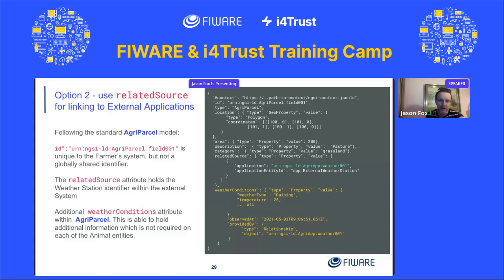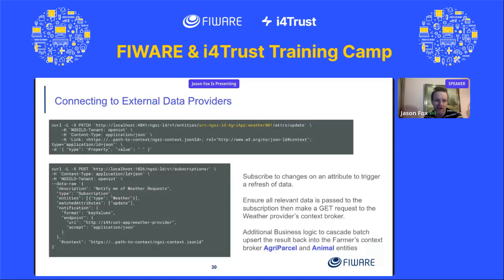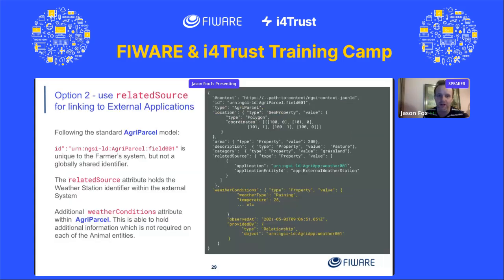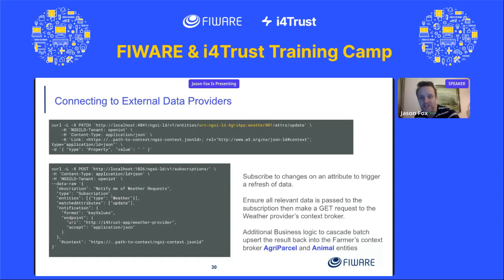So it's got sufficient information in here to be able to get hold of the weather conditions. At this point, as you can see, because I can get from my field the fact that this is actually AgriApp 101, I can then make a request over there to say update my values.